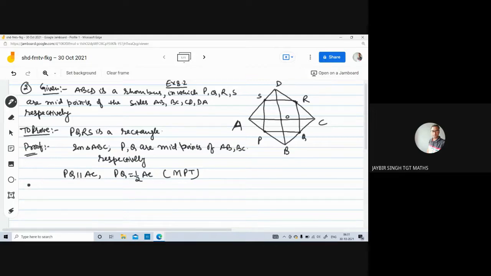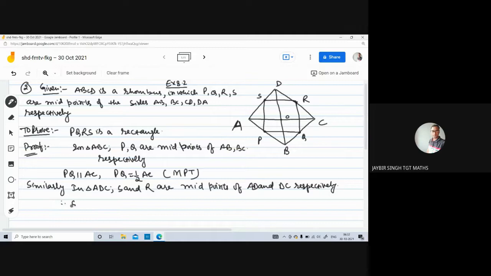Similarly, in triangle ADC, S and R are midpoints of AD and DC respectively.